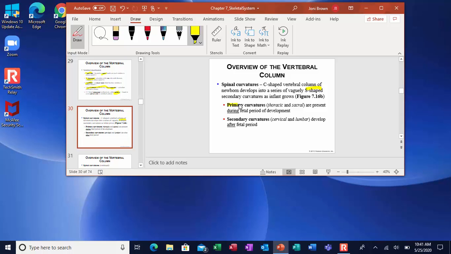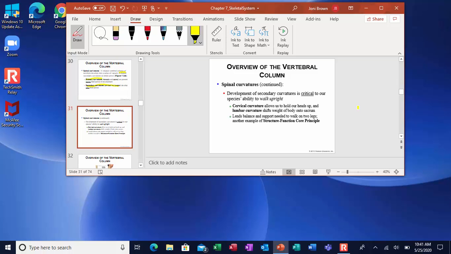The primary curvatures, this is at the thoracic area and the sacral area of the vertebra. And as I said, this is present at birth and during the development of the fetus. And then the secondary curvatures are cervical and lumbar. And these develop after the baby is born, before it starts to walk and crawl. It'll develop these secondary curvatures.